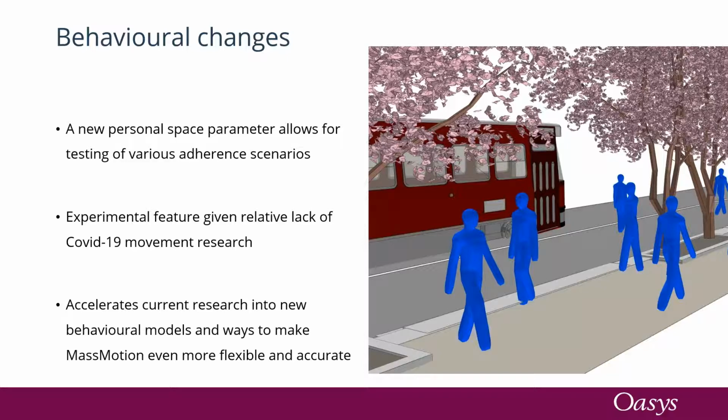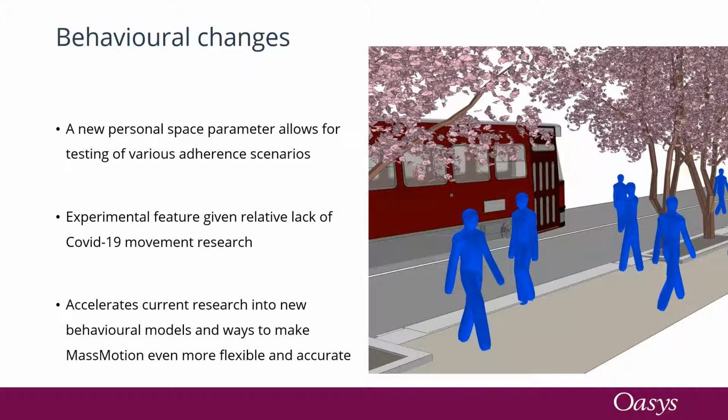And rather than just set that as a constant value, because we realize that one of the key things is what happens if not 100% of the population adheres to this, and what happens if, say, a particular government entity decides to change from a 2 meter specification down to the World Health Organization's preferred 1 meter guidance. What is the impact of that?